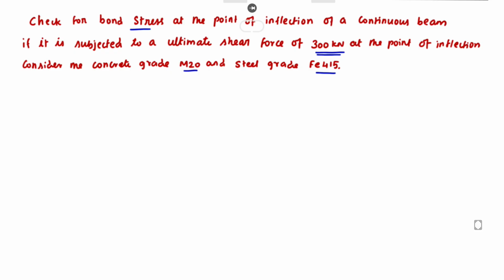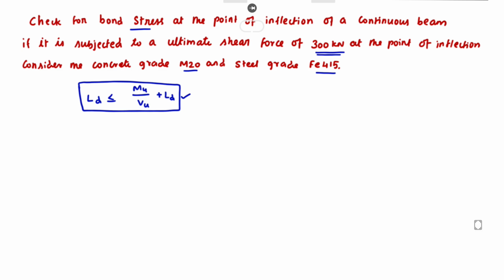So we have to ensure that the anchorage length of the bar for a continuous beam, that is the development length, is less than or equal to Mu divided by Vu, that is ultimate moment divided by ultimate shear force, plus development length. If this condition is satisfied, the anchorage length is within the safe limit.